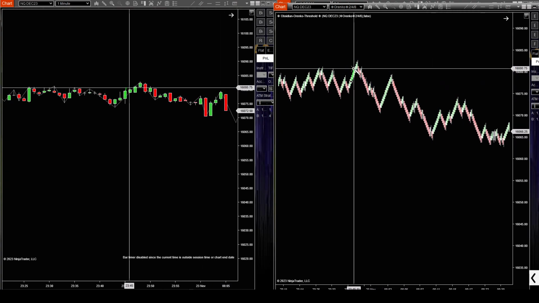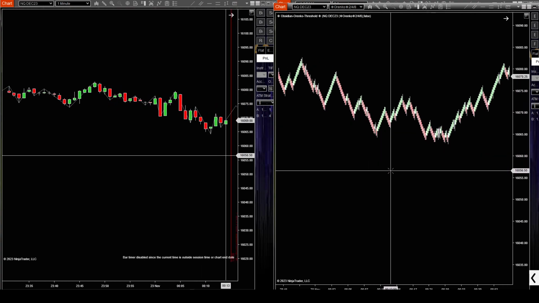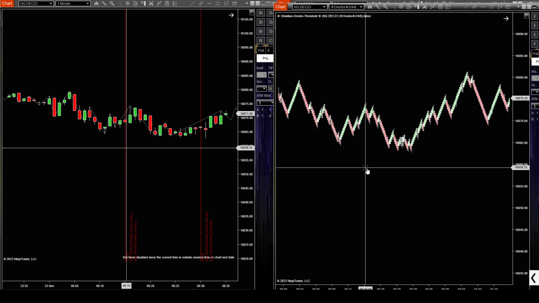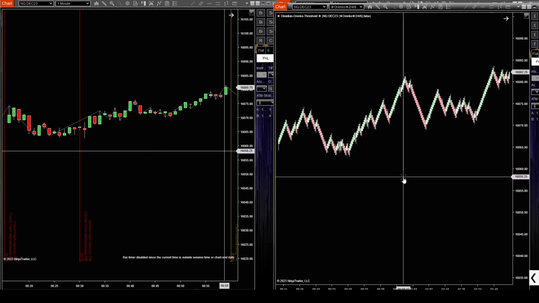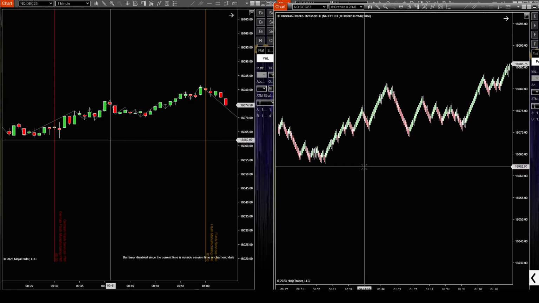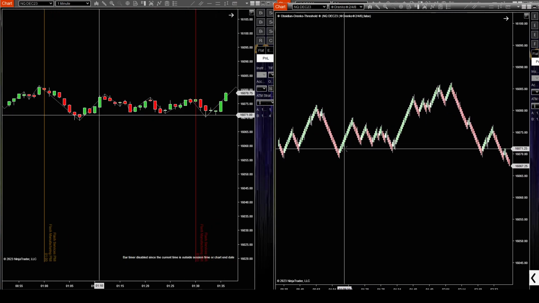What do we see up here? It's just so easy to see the extremely fine details on here. The Renko's nice. You can see the same fine details on the 5-second, even finer, but it's the speed of pattern recognition.